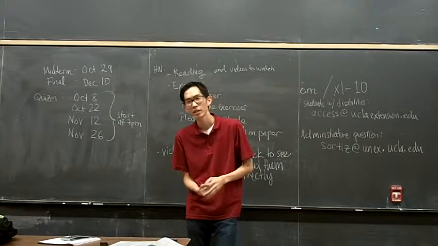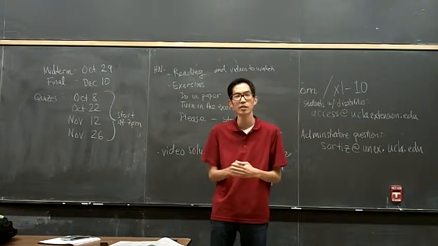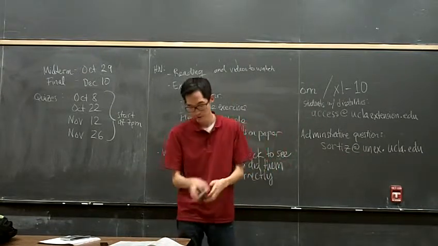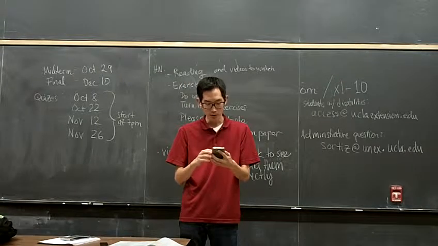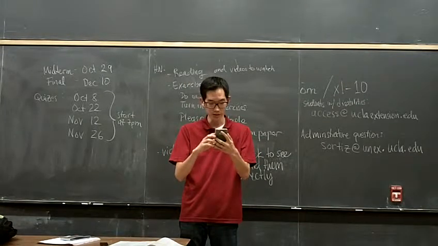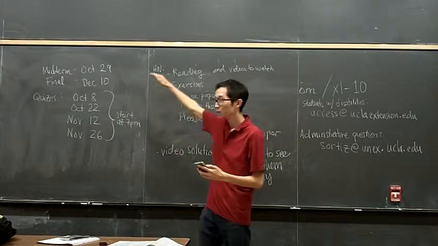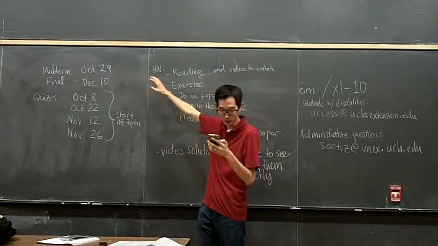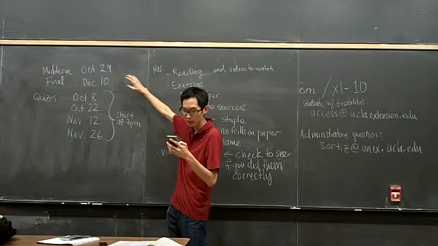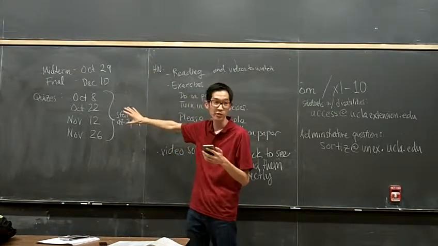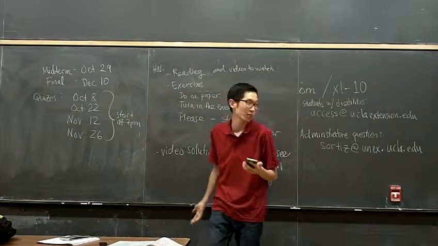I think that's about it. The grading policy is also online. I don't know it off the top of my head, but let's see. Basically, the midterm and final are worth a lot. Between the two of them, that's 65% of your grade. The quizzes make up 20%, and the homework makes up 15%.